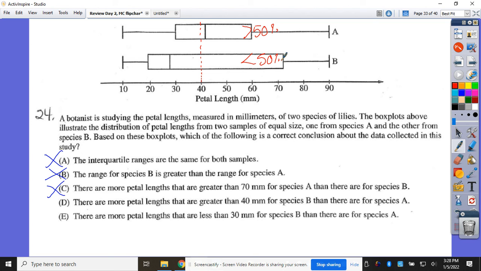No. And then E says we're going less than 30. What percent is here? What percent is here? 50 or above 50. So there are more for B than there are for A. Is that true? So you're just having to look at them individually to figure that part out.